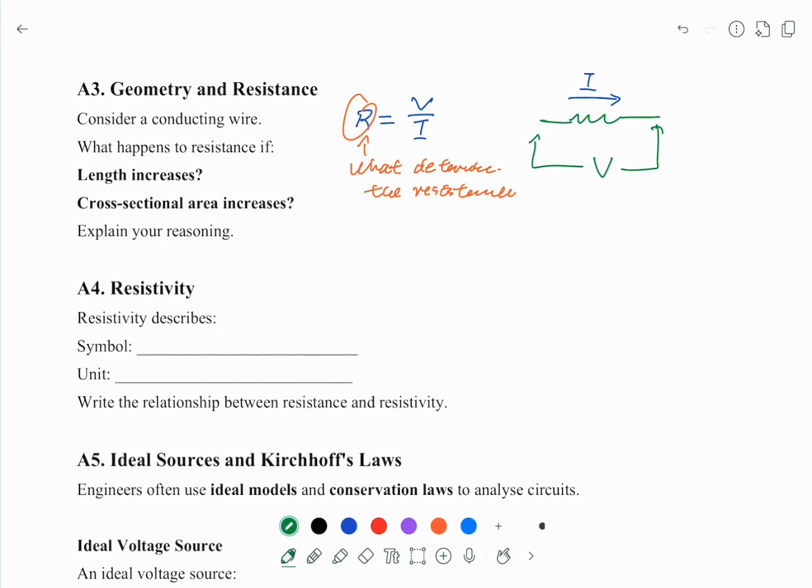Now let's look into the physics and the material science. Except for superconductors, all materials have resistance. Even though we use copper or aluminum to make wire, there's still a little resistance.